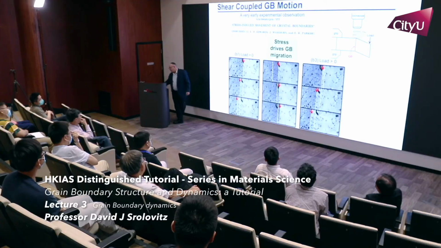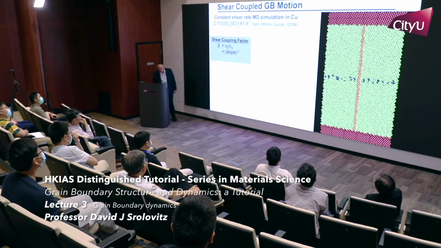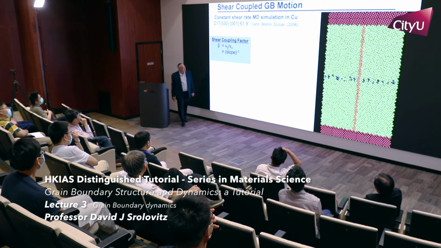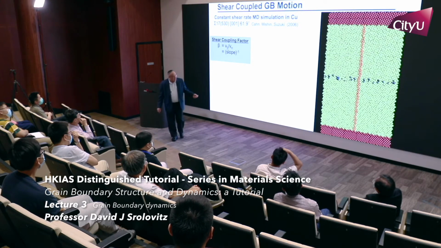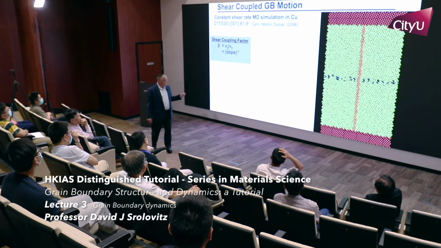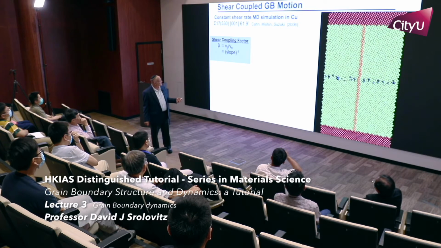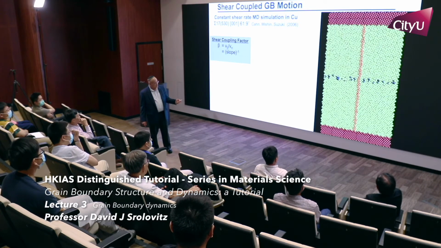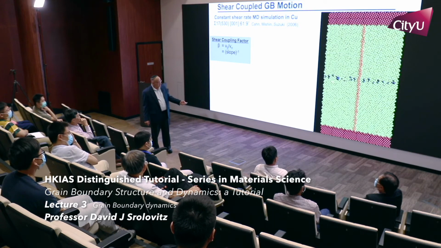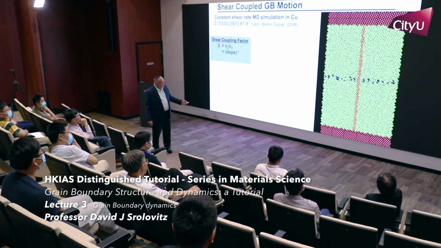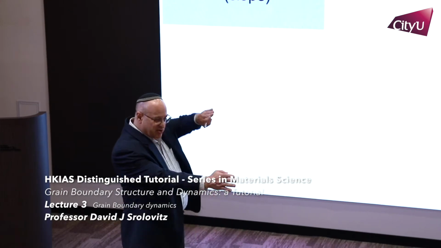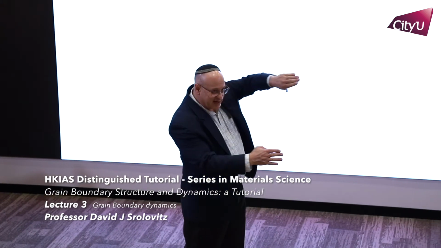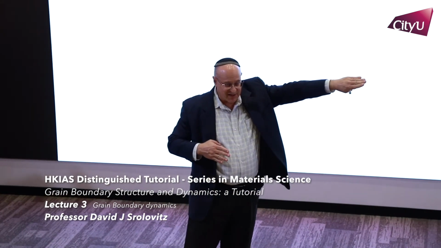Now, jump forward 53 years, and this is the group of John Cahn, Yuri Mishin, and Suzuki. And what they're doing is an atomistic simulation. It's a bicrystal. There's the grain boundary. And then what they're going to do is take the bottom and top surfaces and translate them relative to each other like this.